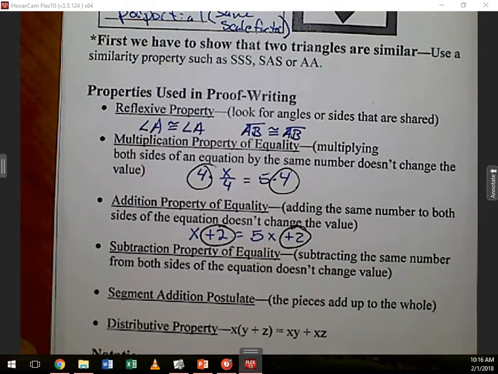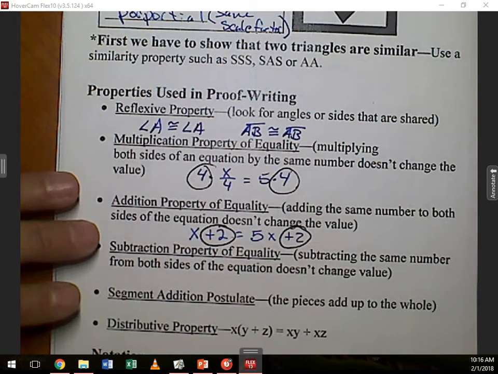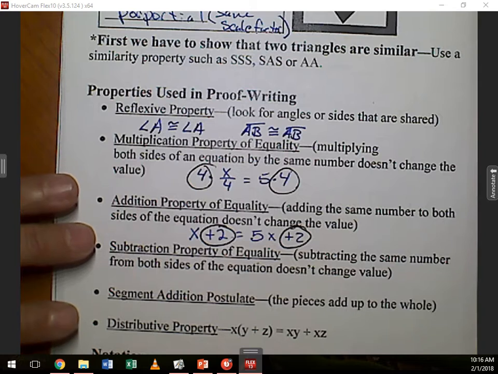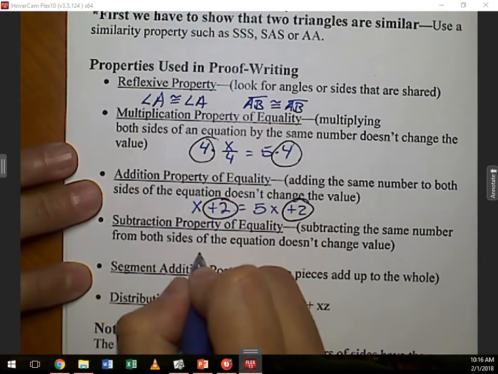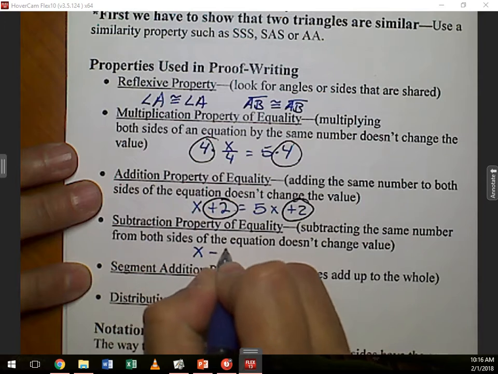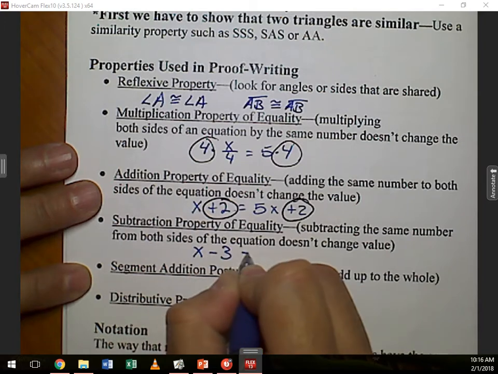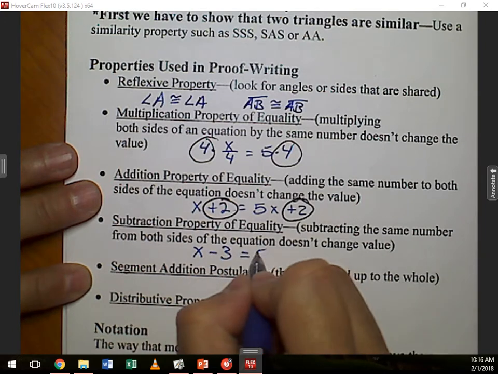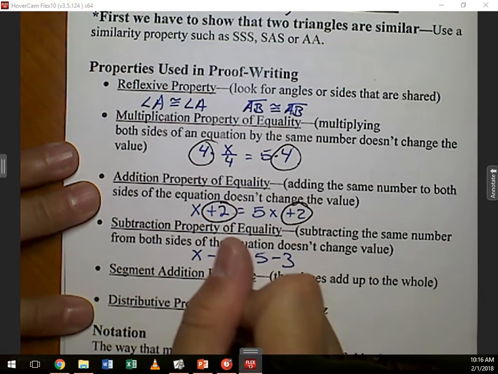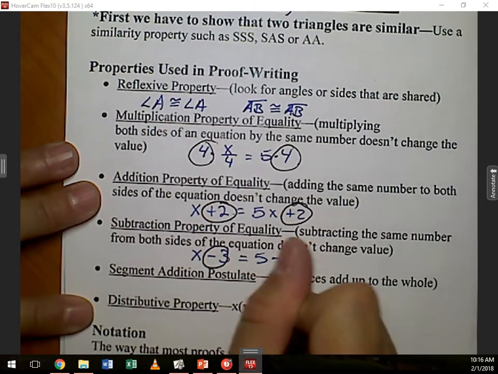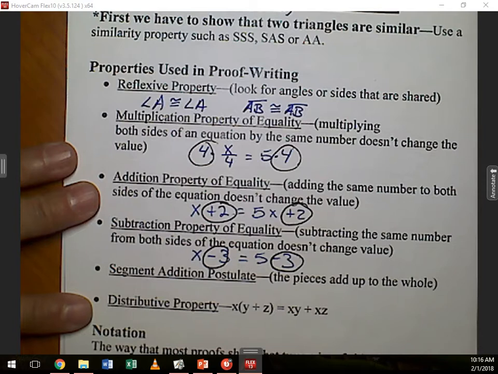Subtraction property would look the same, but instead I would be subtracting from both sides. So if I had x minus 3 equals 5 minus 3, I'm subtracting 3 from both sides of the equation.